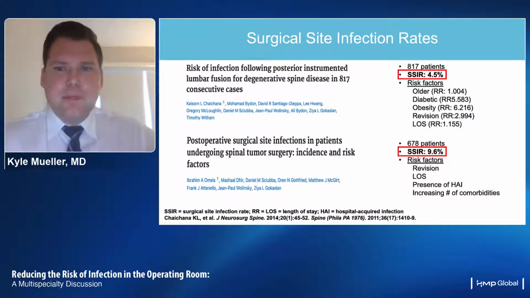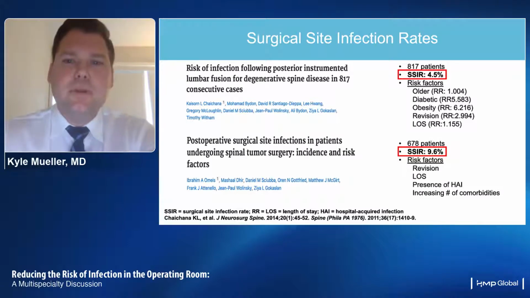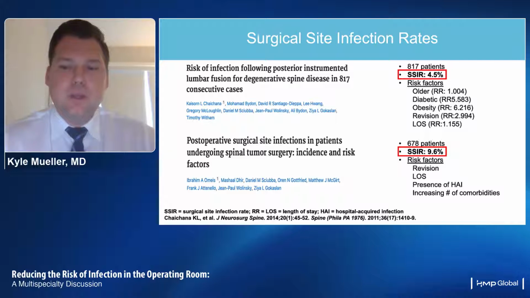And this is evidenced by many studies, but these two studies in particular out of the same group looked at the risk of surgical site infection in a degenerative population versus an oncology population. And they found that the oncology population had almost 2 times greater risk than the degenerative population, as well as there were other factors that even in this degenerative population led to increasing risk of infection, such as diabetes and obesity.